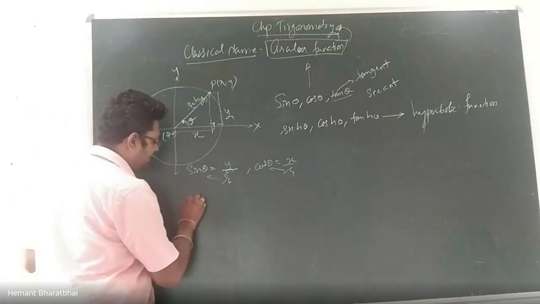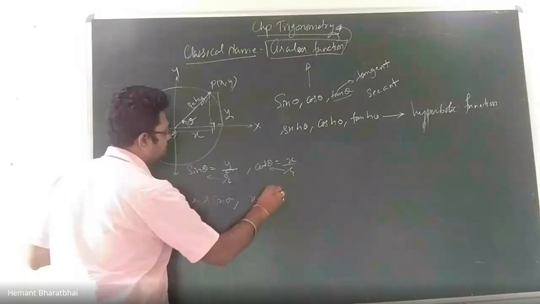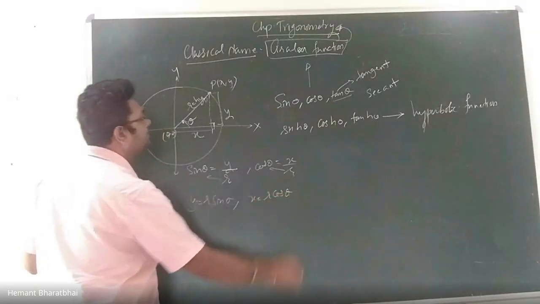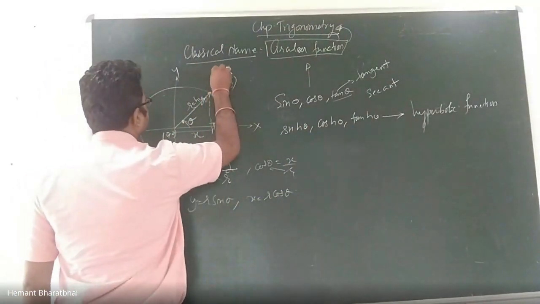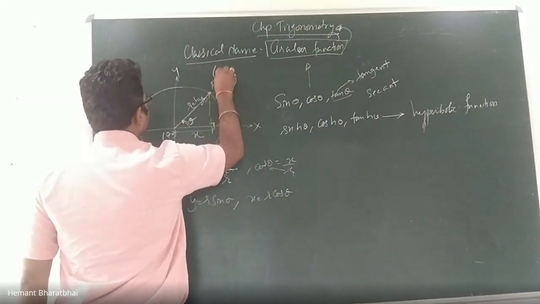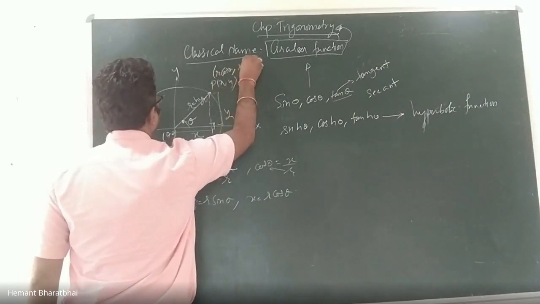From here I get y = r sin theta, and from here I get x = r cos theta. So now I can represent the same point as (r cos theta, r sin theta).